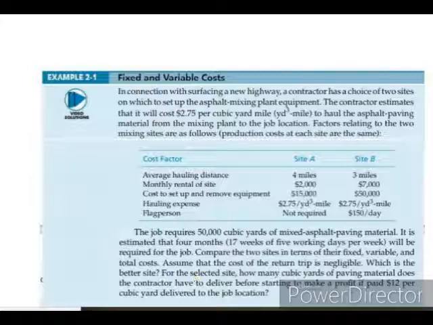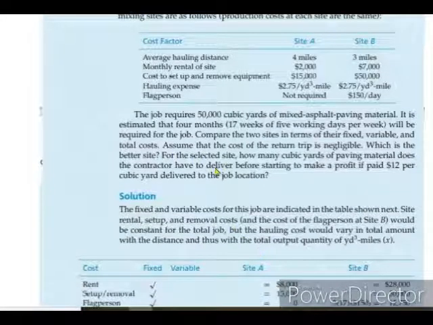So, next, the job requires 50,000 cubic yards of mixed asphalt paving material. It is estimated that 4 months, 17 weeks, so we convert into weeks, 17 weeks with 5 working days per week, will be required for the job. Compare the two sites in terms of their fixed, variable, and total cost. Assume that the cost of the return trip is negligible.